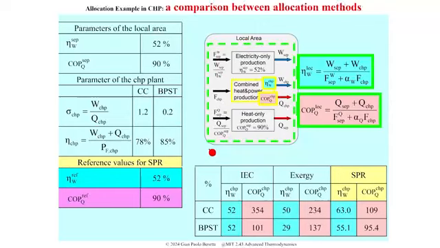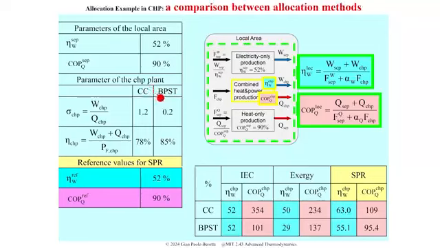So suppose we have a local area, and suppose that we have separate production facilities that have 52% efficiency for electricity, and 90%, so 0.9 COP, for the production of heat, like industrial boilers. And here the combined heat and power plant is a combined cycle.